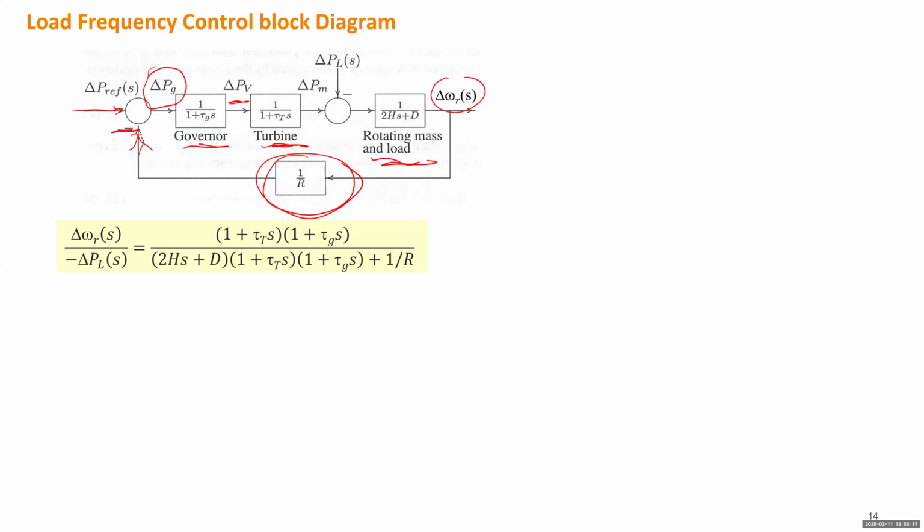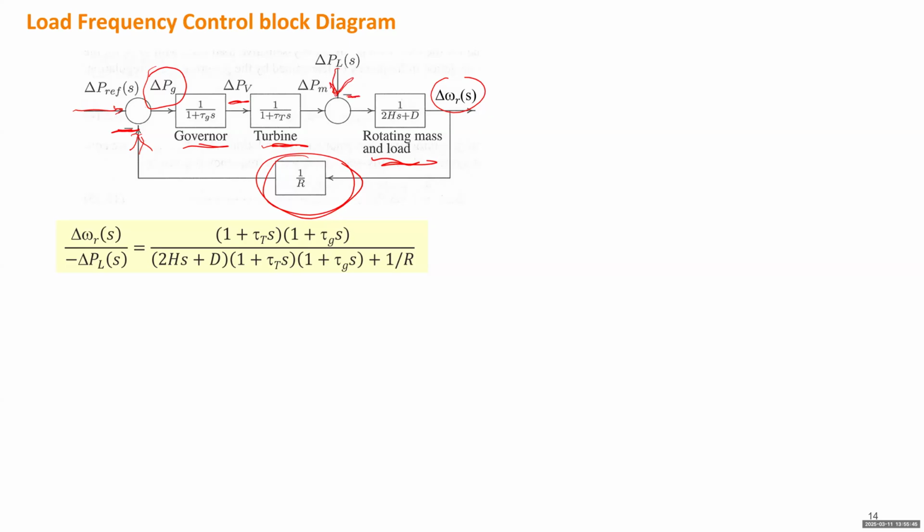This block diagram is good only for small signals, if we consider the frequency deviation near the equilibrium point, because we have ignored all the nonlinear components of the control. In this loop, we can consider two inputs. One is the load change, and there's a negative sign.